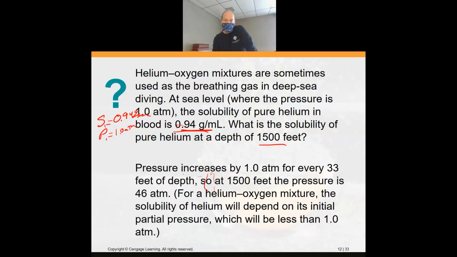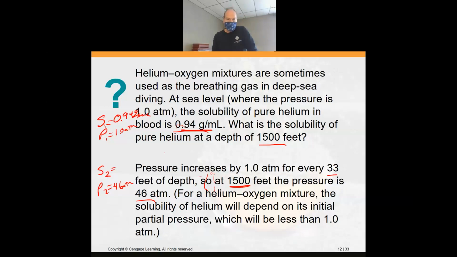The pressure increases by 1 atmosphere every 33 feet of depth. So if we go down 1,500 feet, the pressure is all the way up to 46 atmospheres.